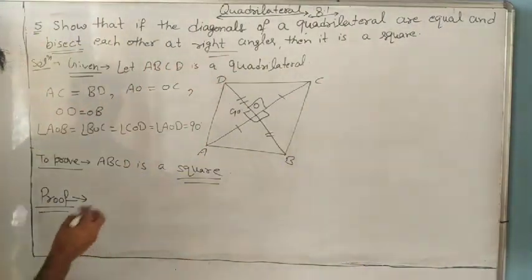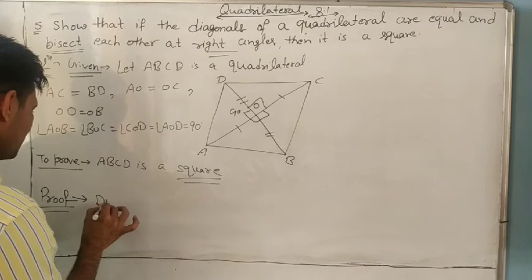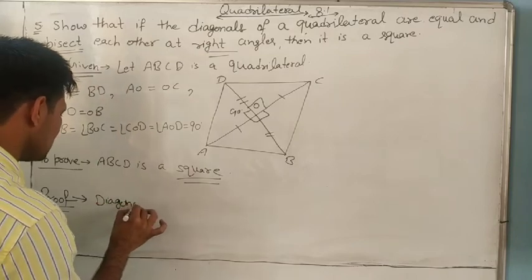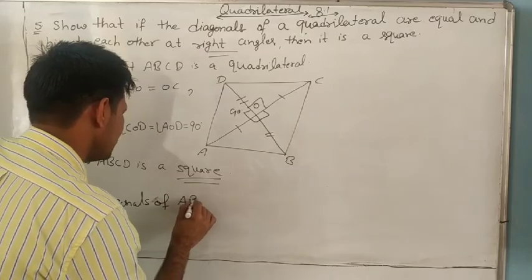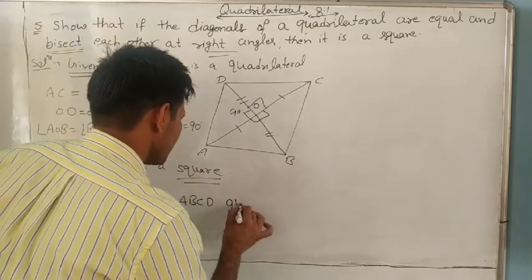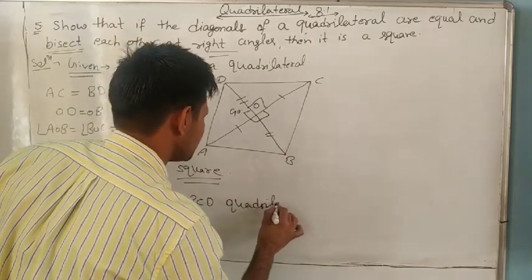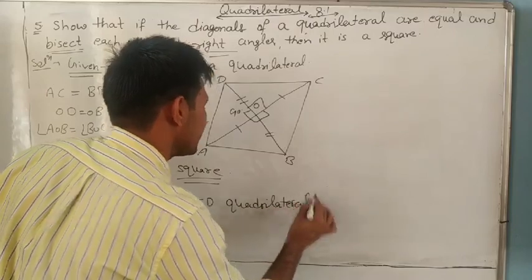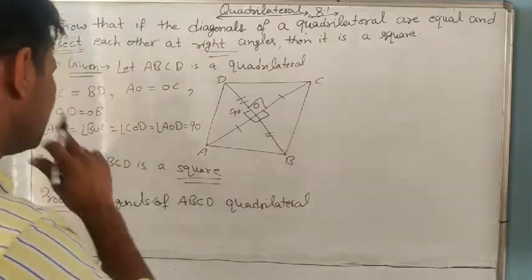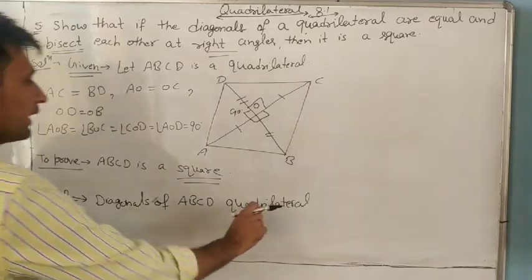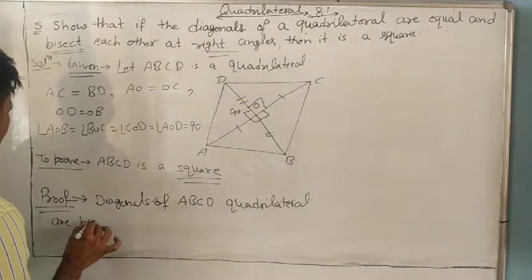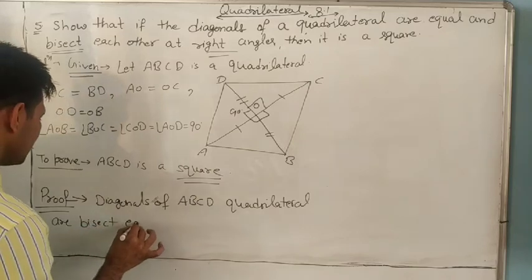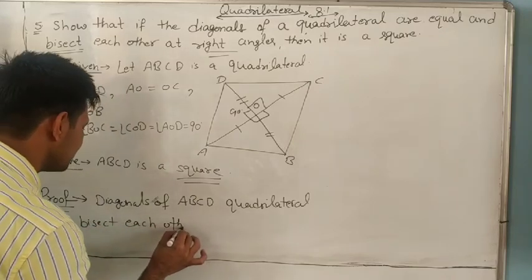You can write this direct property: the diagonals of quadrilateral ABCD bisect each other.